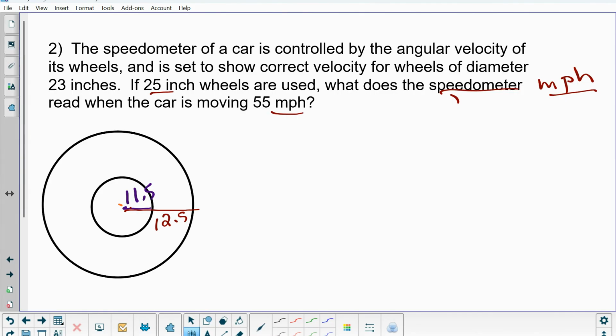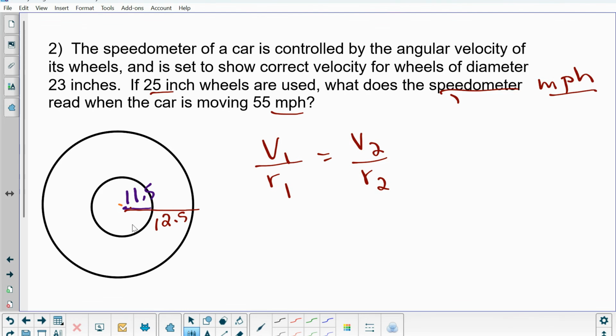So this one, we're going to use the velocity over radius is equal to velocity over radius. So no matter what's happening, when you hit the gas, the car is spinning the wheel at the speed it thinks it should be going based upon the spinning of the wheel.